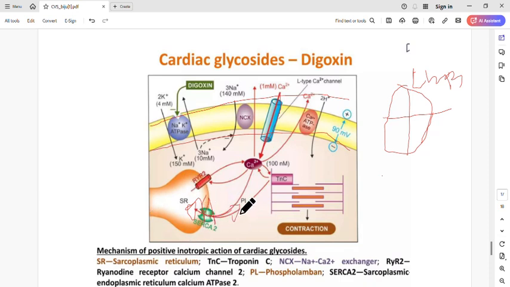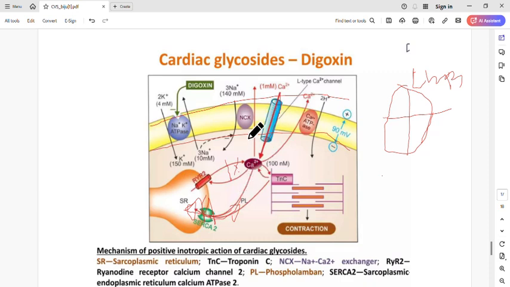Calcium means contraction; where the calcium is present, contraction occurs. After contraction, the 99% calcium goes back into the sarcoplasmic reticulum.